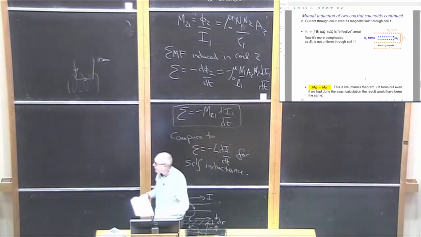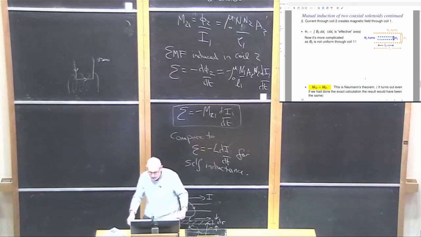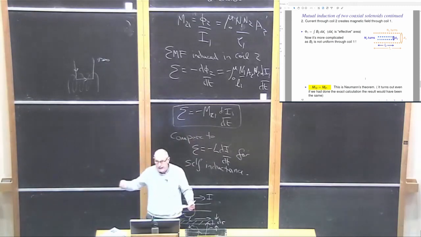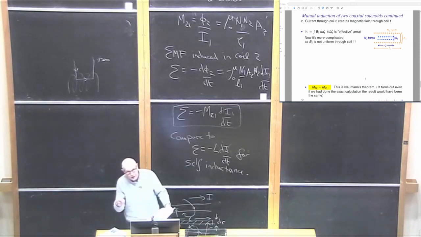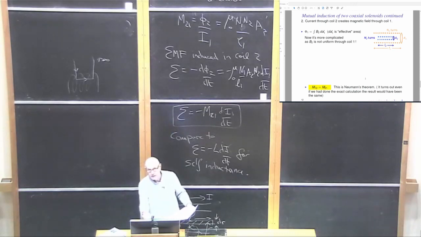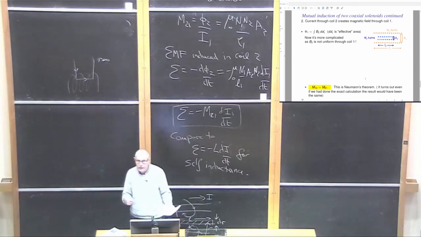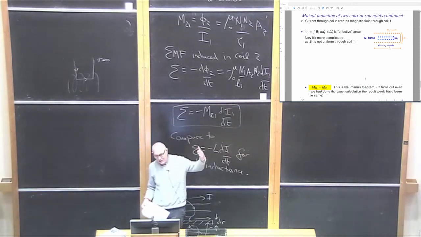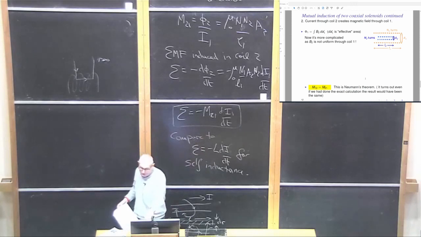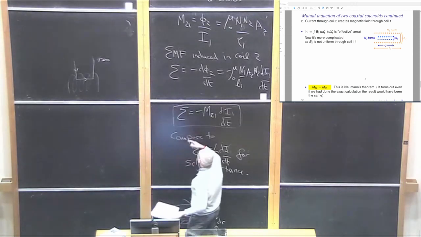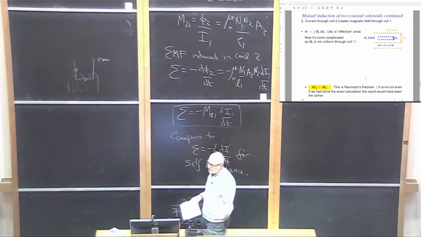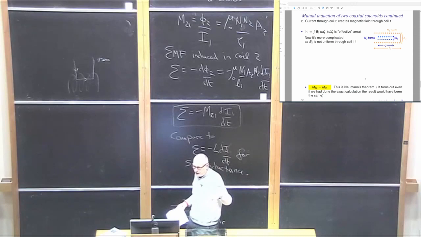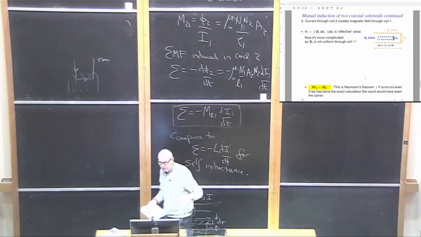But you can see if you go the other way. So what I'm doing now, I'm creating a changing field due to a changing current in coil 2. This is the inner coil. And I'm looking to see what the mutual inductance is in coil 1. So I'm going the other way.